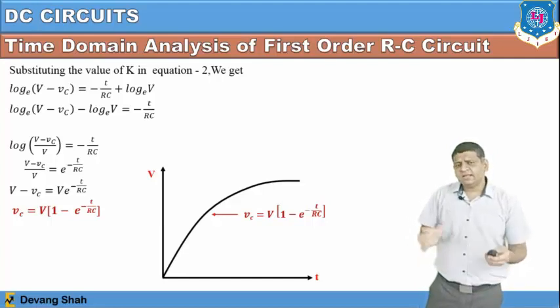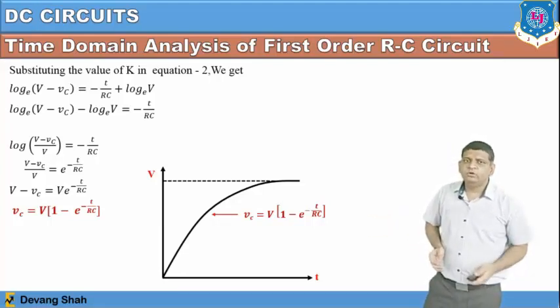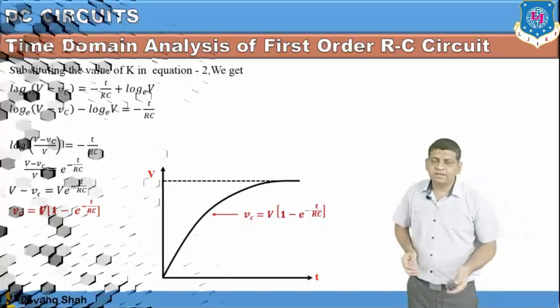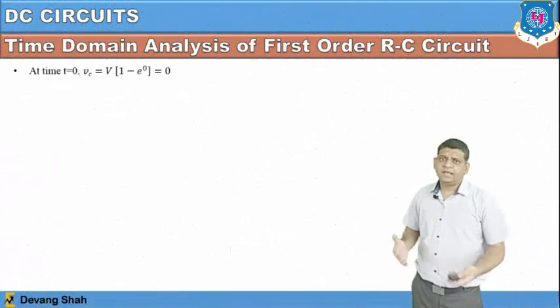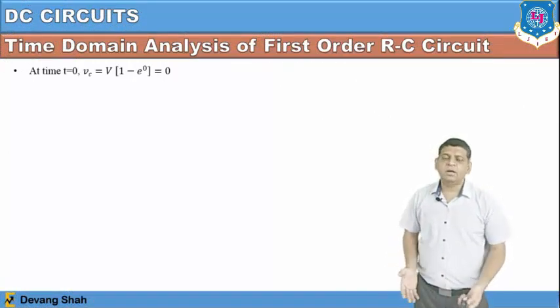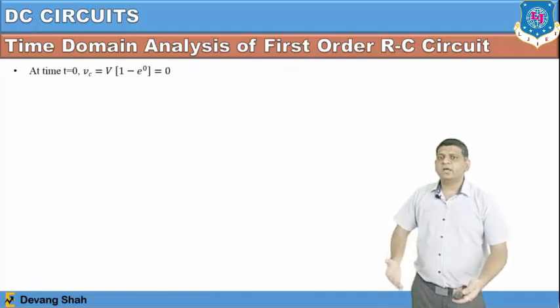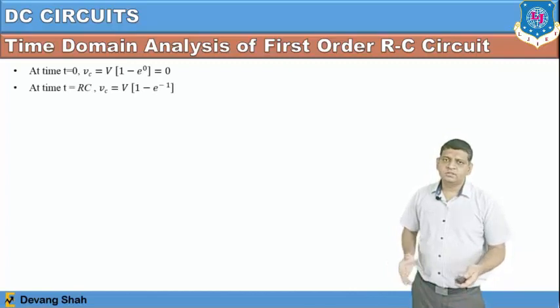Right, now let's analyze this important equation in terms of the graph. So you can take different values of time. Let's say if I take time t is equal to 0, in this case the voltage drop across the capacitor is equal to 0, right? So you can put that in this graph.